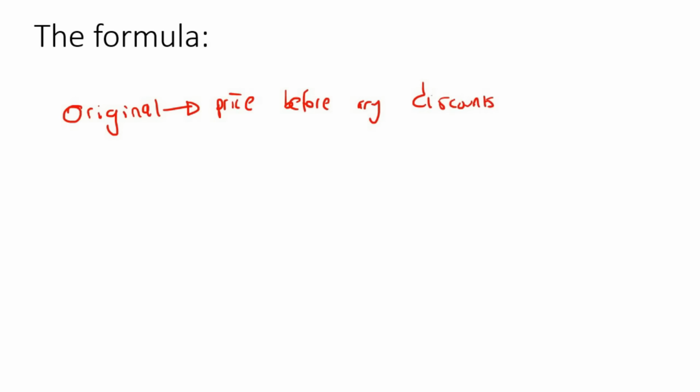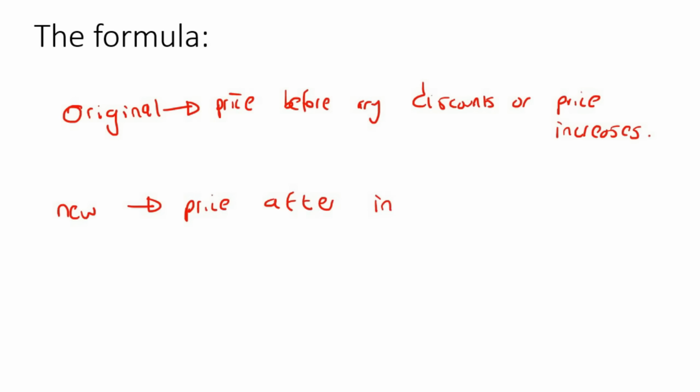So the formula that I would say is you need to know the original price, okay? The original price is the price before any discounts or price increases, okay? And then we need to look at the new amount. I'm going to show you the formula now. The new amount is the price after increases or discounts, okay?